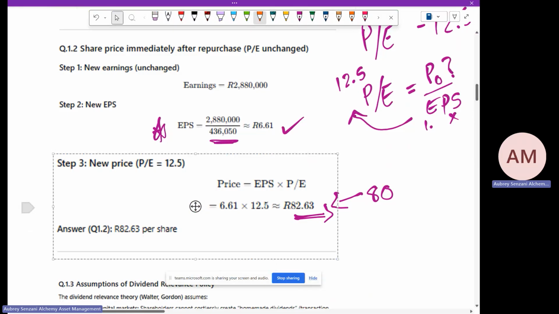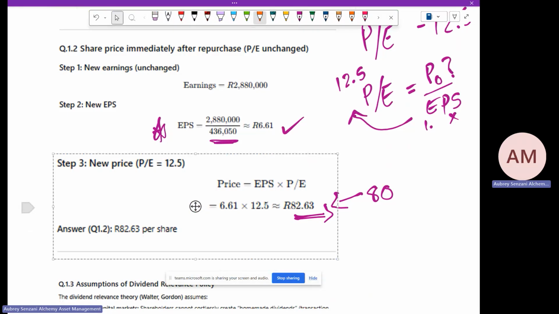So for this third part, I want us actually to get the assumptions from the book. I've forgotten what page this is, but it's in Learning Unit 3. I'll give you the page just now.